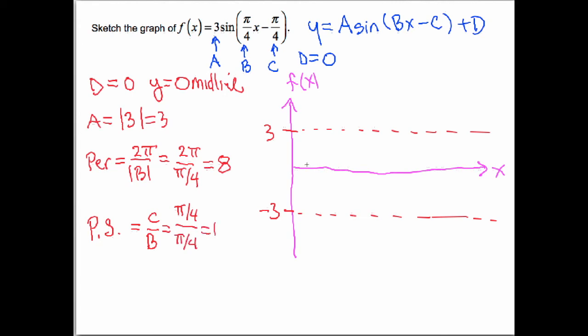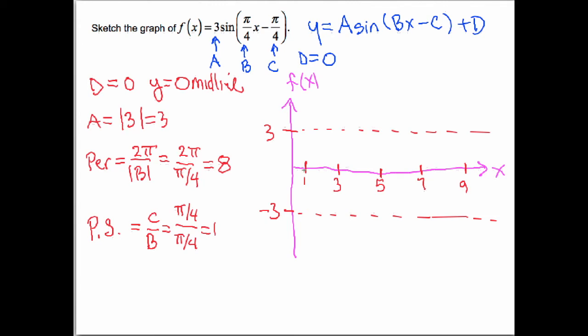So I'll take my parent function, which is the sine function, and start the actual graph at x equals 1. I'll end it at x equals 9. Halfway between 1 and 9 is 5. And if I'm looking for quarter points, halfway between 1 and 5 is 3, and halfway between 5 and 9 is 7.